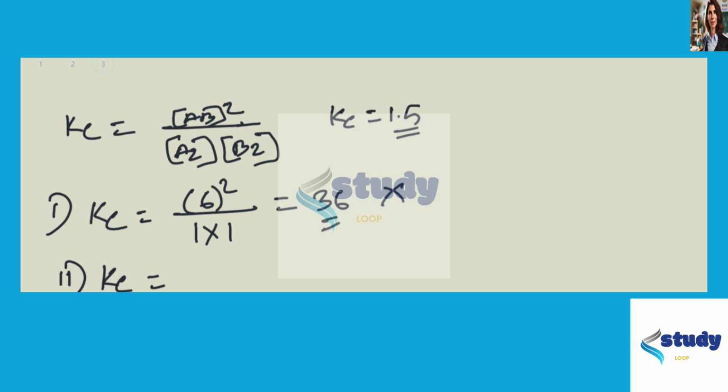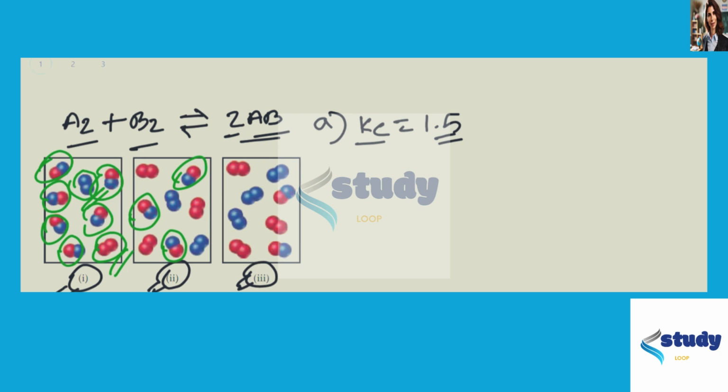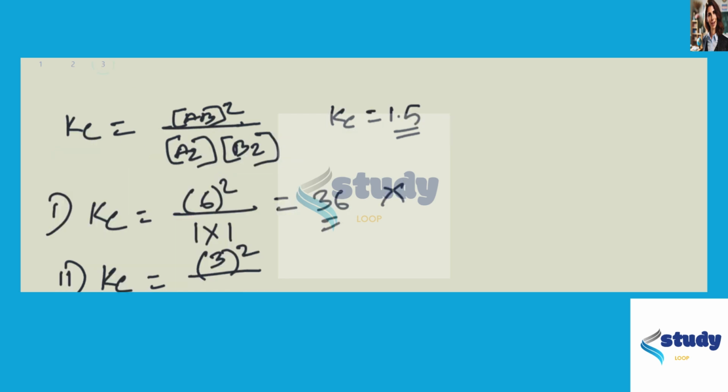That means we will write 3 squared over, we have 3 of A2 and 2 of B2. So we'll write 3 times 2 in the denominator, and this will give us a value of 9 over 6, which means 1.5. We can see that this is exactly the same as the standard equilibrium constant for this reaction. That means reaction mixture 2 is in equilibrium.